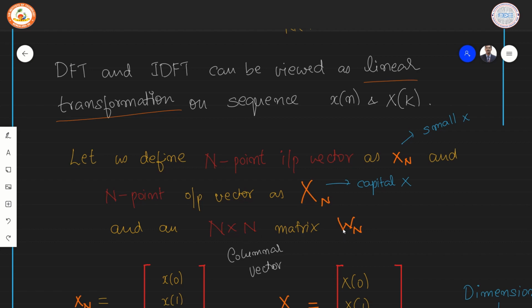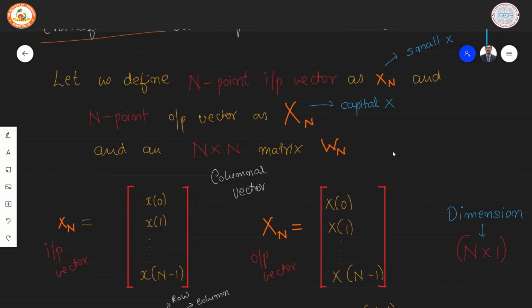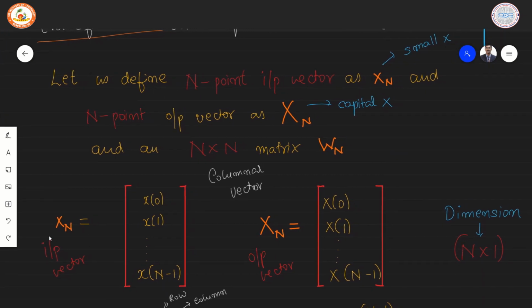The twiddle factor matrix W_N is said to be an N cross N matrix. Therefore, if we represent the two matrices in a column fashion, then we have the column vector small x of n, which is the input vector. The input terms are x of 0, x of 1, x of 2, and so on.